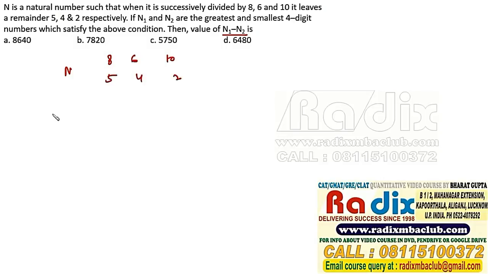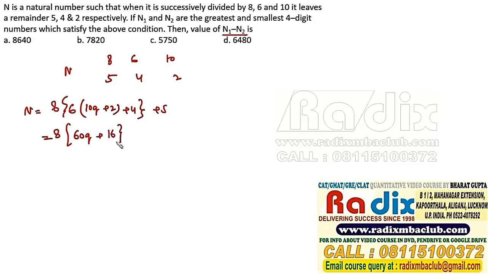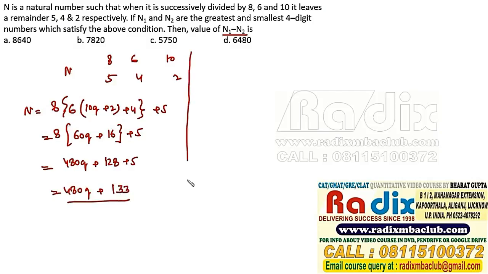Now n would be 10q plus 2, times 6 plus 4, times 8 plus 5. This is 480q plus 16 plus 5, or 480q plus 128 plus 5, or 480q plus 133. Right. Now the important part is this: n1 is the smallest 4-digit number.